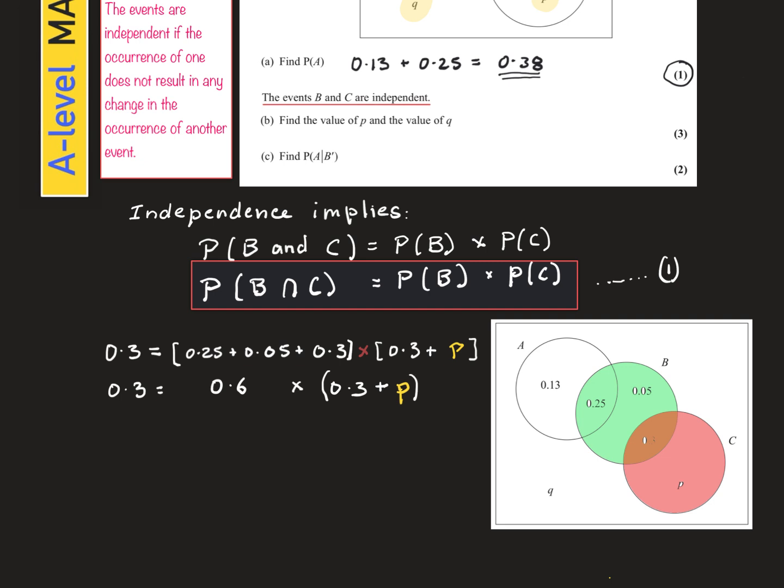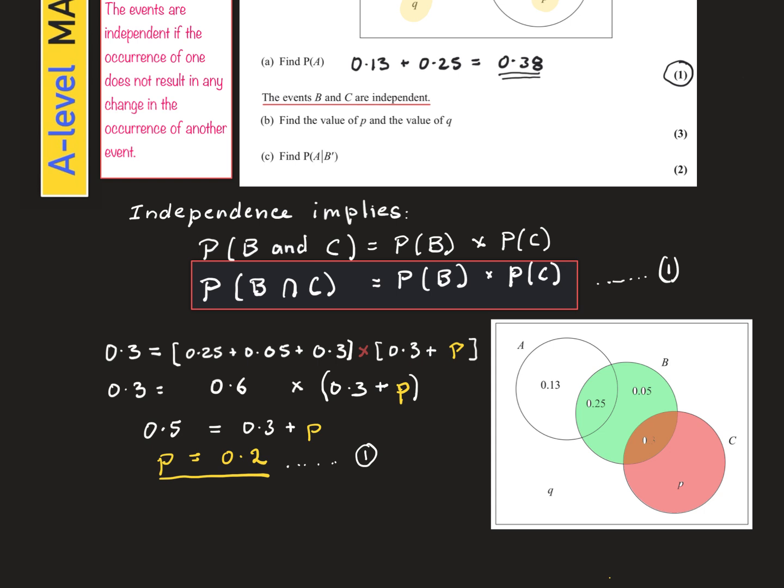This will give us 0.5 if we divide 0.3 by 0.6, which is equal to 0.3 plus P, which means that P is going to equal 0.2. And this is your second mark here. Another mark.